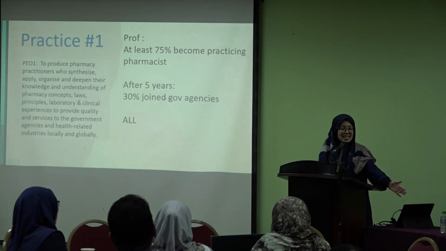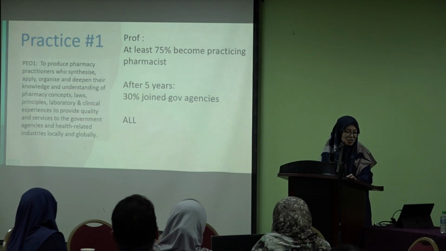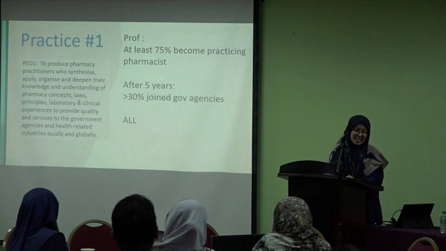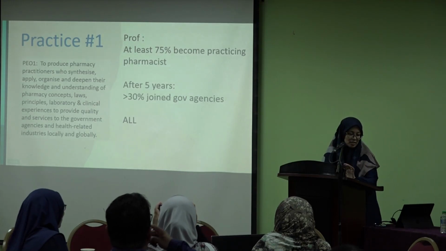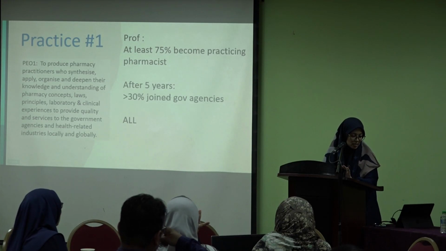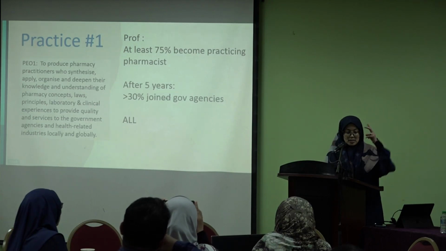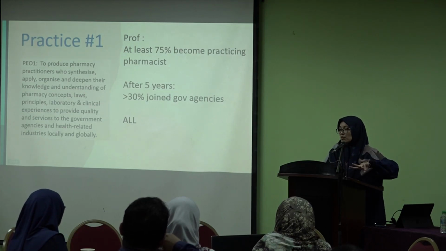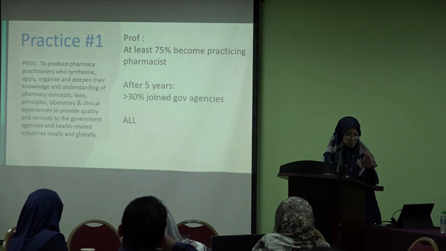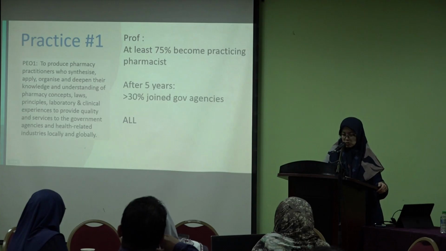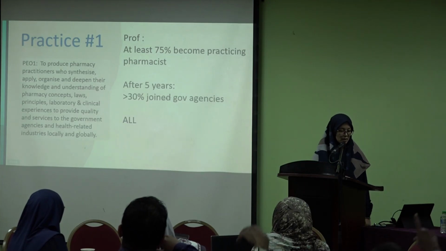So you can put at least 75% or you can use it like that. Okay, more than 30% join government. Okay, so just now you have two separate indicators now. One you're looking at whether they masuk government or industry, and another one you want to make sure the keyword is there. Anything else that you want to add?